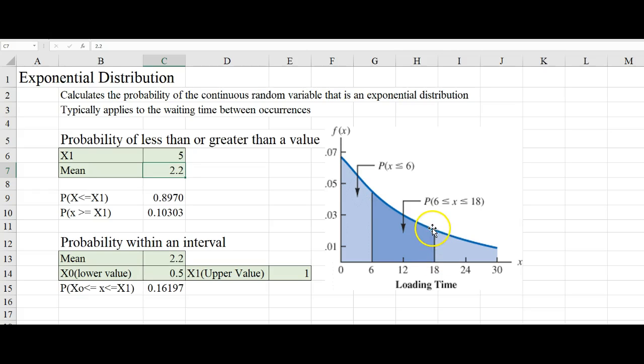The area under the curve at any particular point is going to be 0. So there really is no difference in saying the probability that x is greater than or equal to 5 and simply saying the probability that x is greater than 5. So this is the probability you would have for either one of those statements.